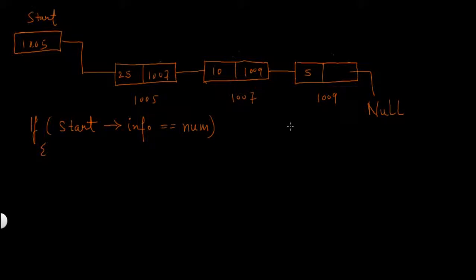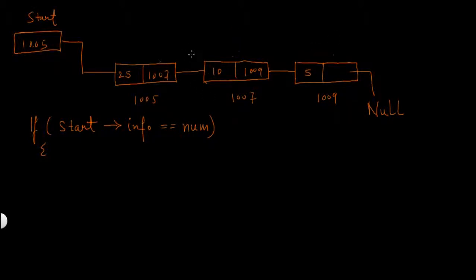Now in the delete function there are two cases. Case 1 is if the node to be deleted is the first node in the list, and case 2 is if the node to be deleted is any node in between the linked list or the last node in the list.